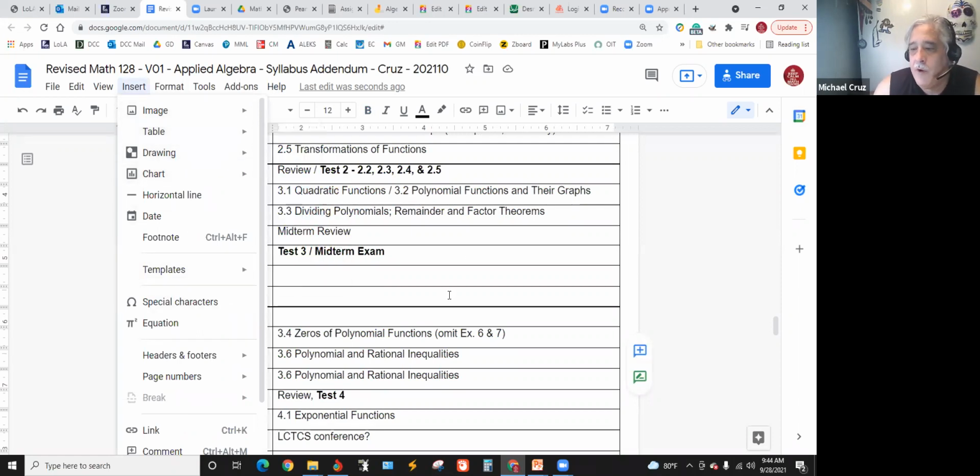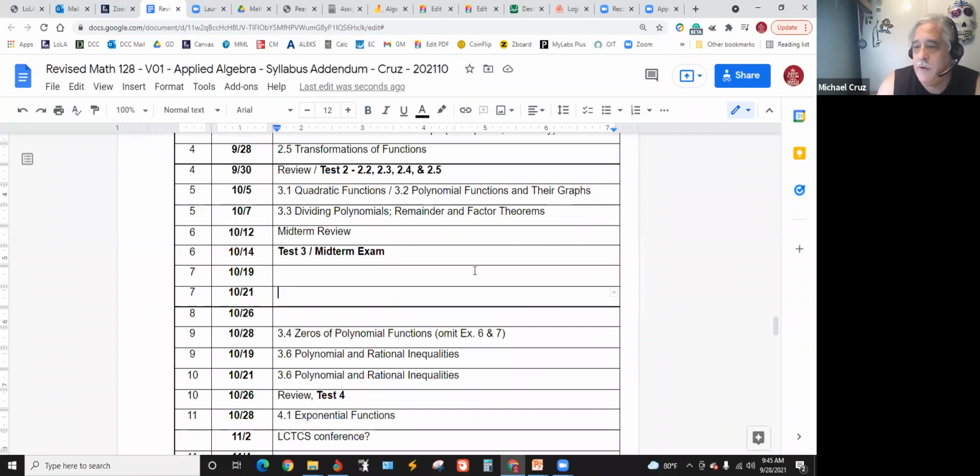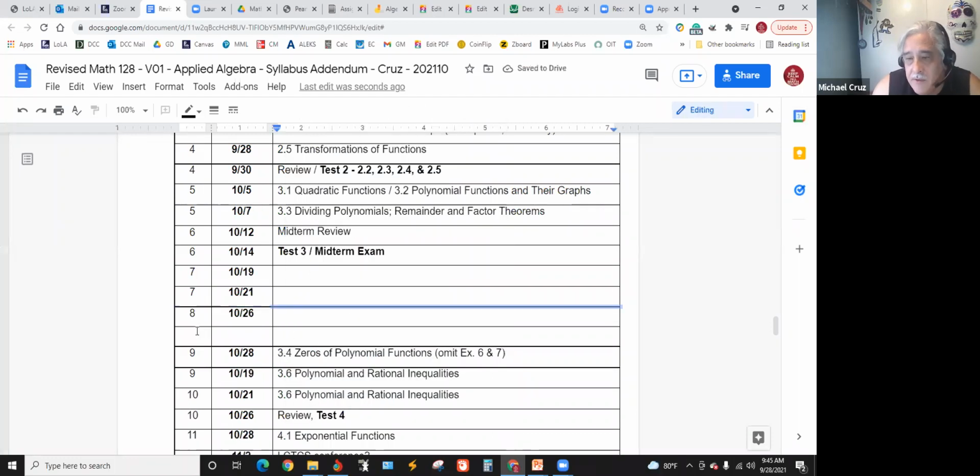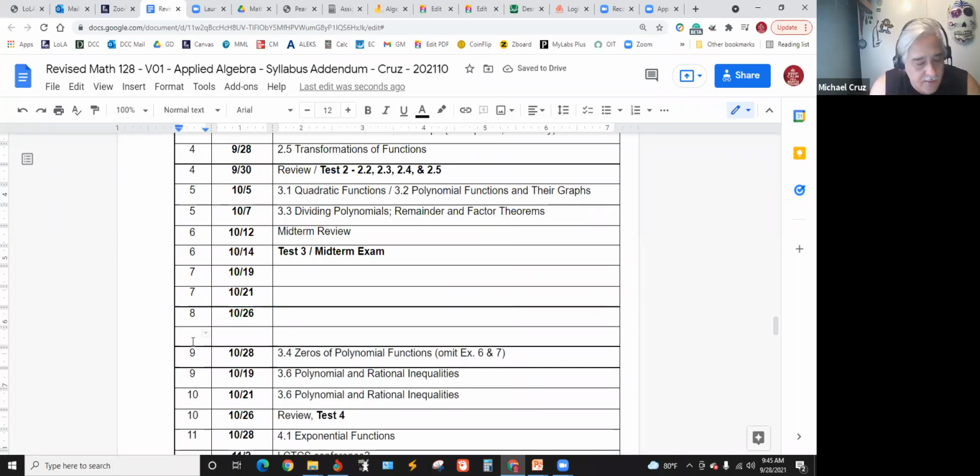What I'm going to do is go back to 2.4 and look at that in a little more detail. But anyway, keep an eye on this because it's going to be changing, since, like I said, it was really messed up. But I'm going to have this pretty accurate before long.